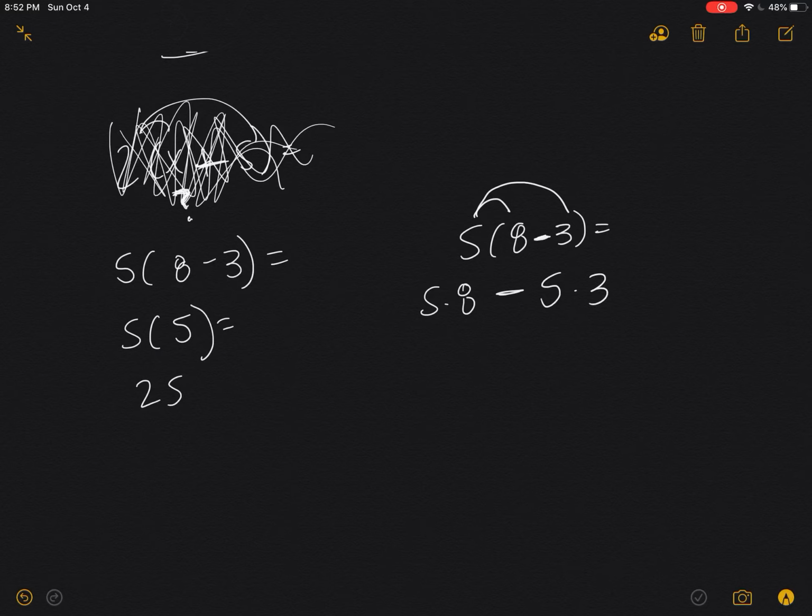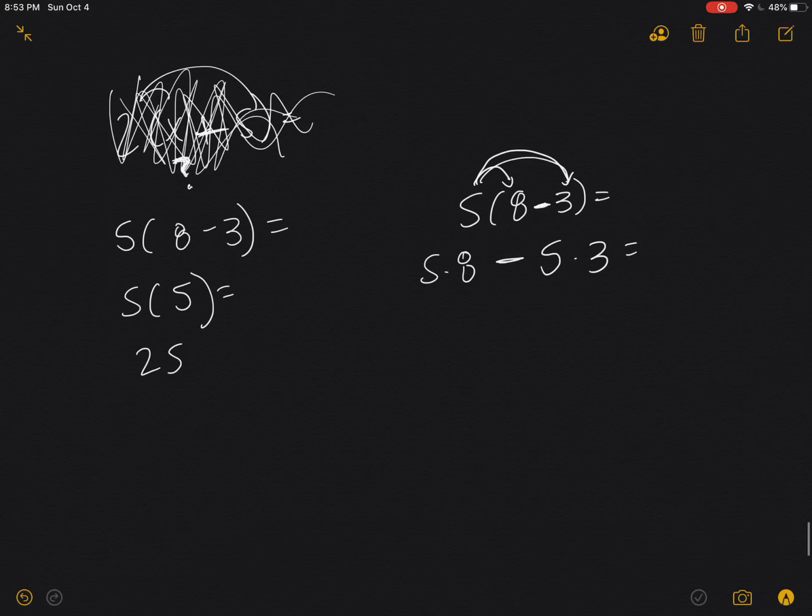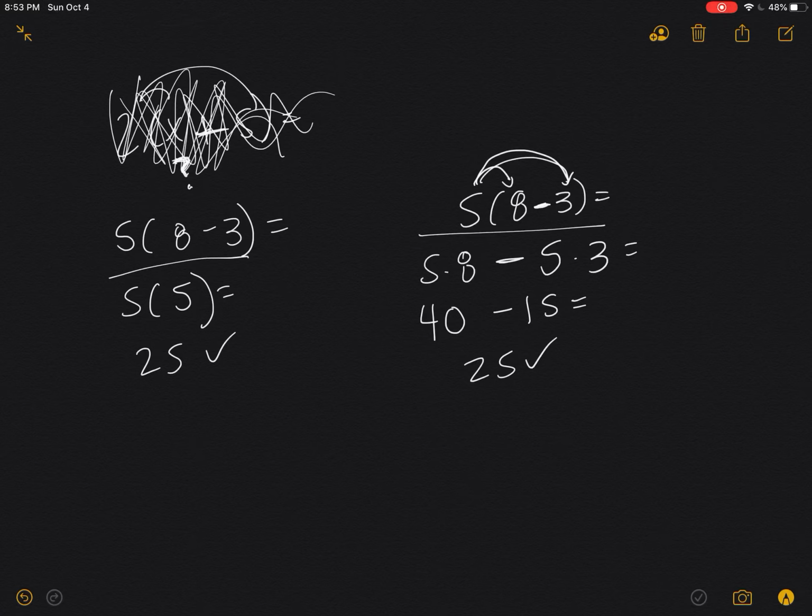Then you get 5 times 3. I distribute it to each; everyone gets a 5 inside. 40 minus 15, and I end up with 25, right? So it checks out. Doing it either way, we get the same thing. They equal each other. This is just to prove to you that this works. This distribution property is a real math property, and it is valid, and it comes in handy later in algebra when you don't know all the numbers on the inside.